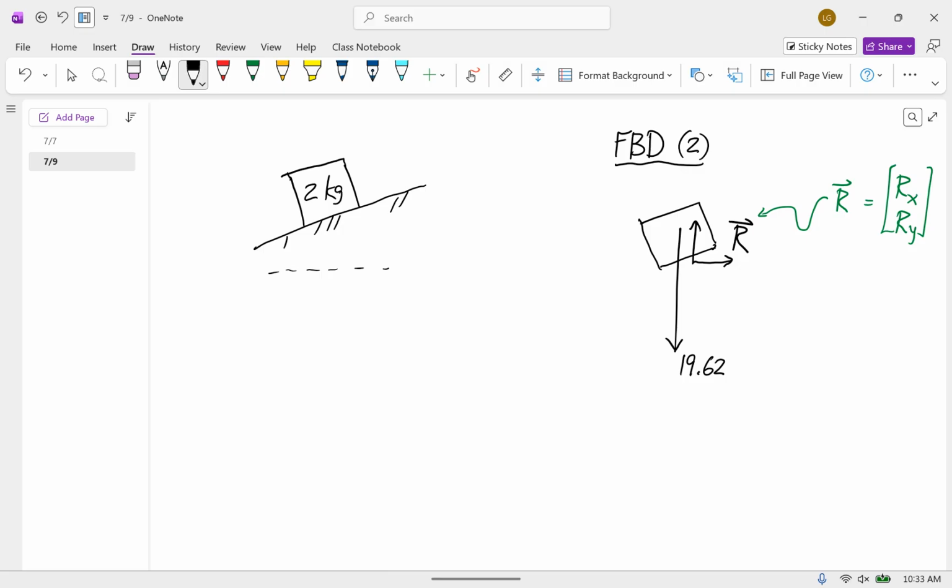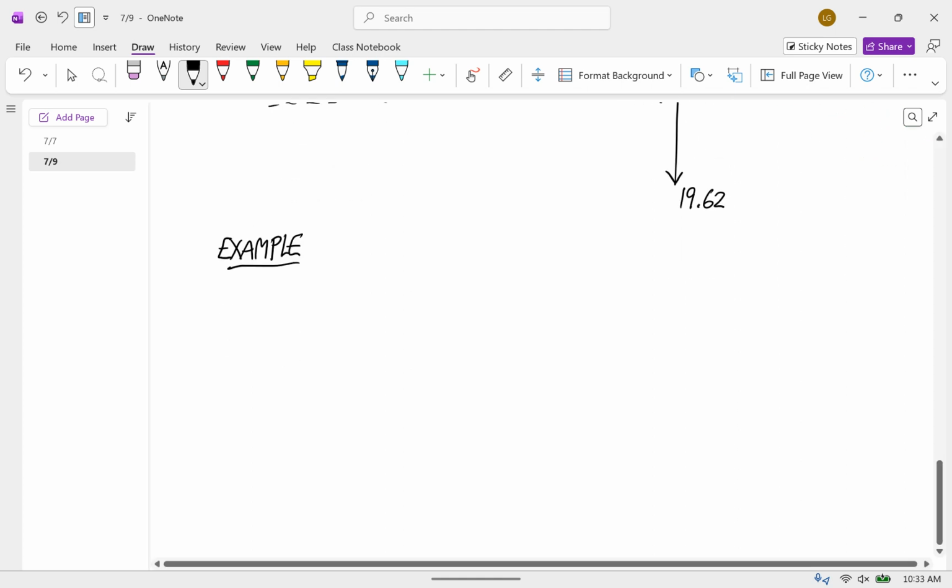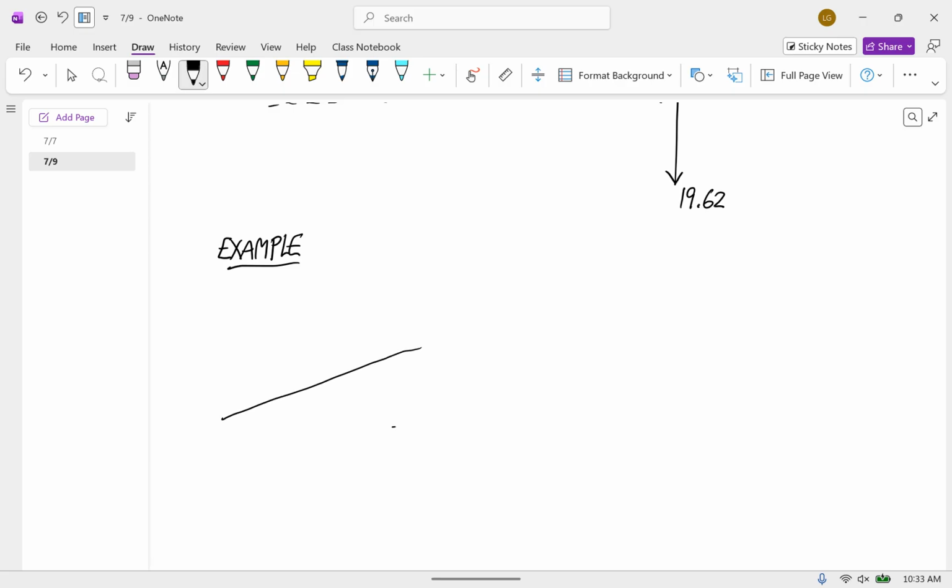Okay? So the first example, let's say we have a ramp that makes an angle of 5 degrees with the horizontal.